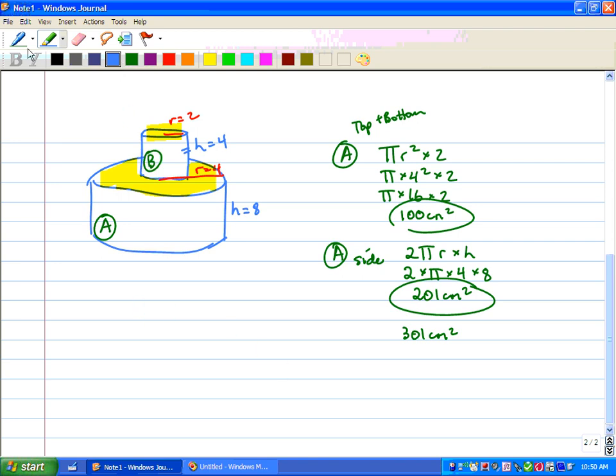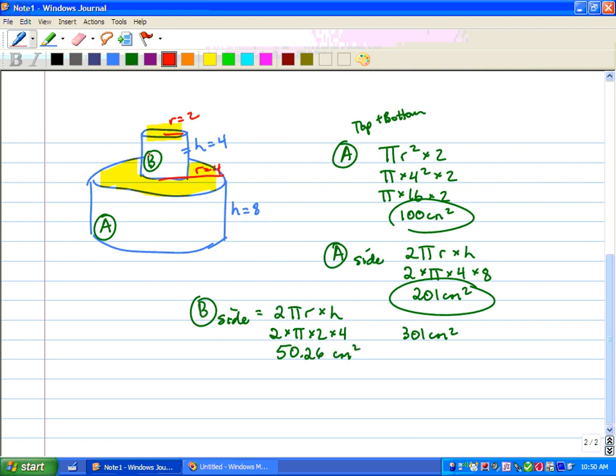So B side, and we have 2 pi r times h. So we get 2 times pi, our r is 2, and our h is 4. All right, so that's essentially saying 4 times 4 times pi, and altogether we get 50.26 centimeters squared.